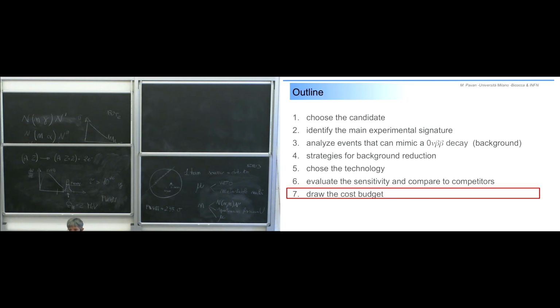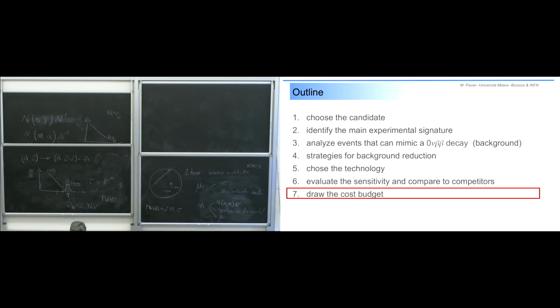History told us that all the experiments that have tried to scale from very small to huge lost the competition. So all the experiments that have been in the field for 30, 40 years are going step by step, and each step scales the sensitivity by about 1 order of magnitude, more or less.